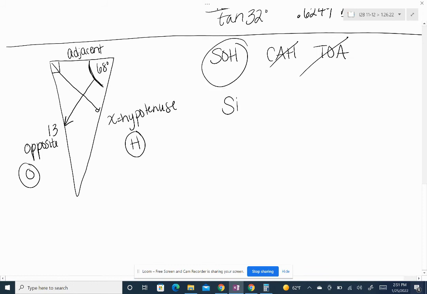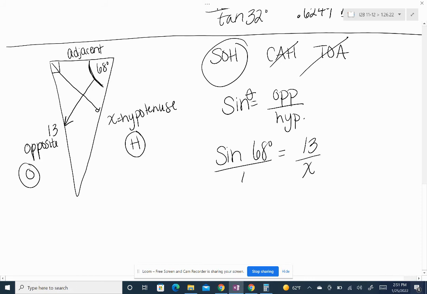So it's going to be sine is equal to opposite over hypotenuse. So sine of 68 degrees is equal to the opposite, which is 13, divided by the hypotenuse, which is x. Okay, so I'll do this one for cross multiply.